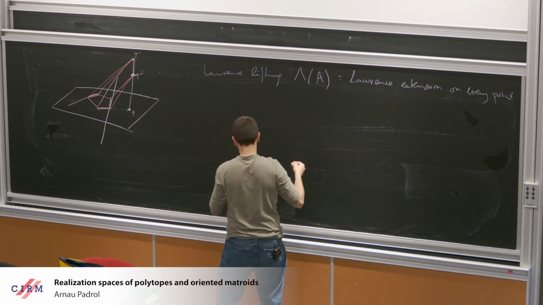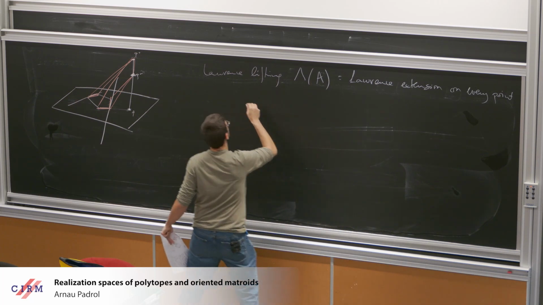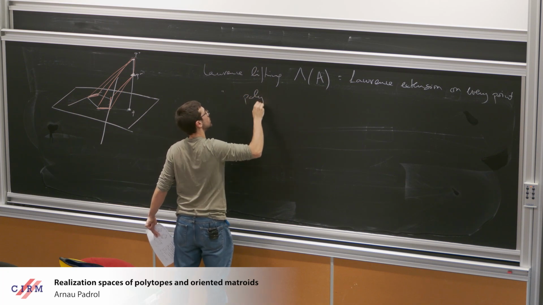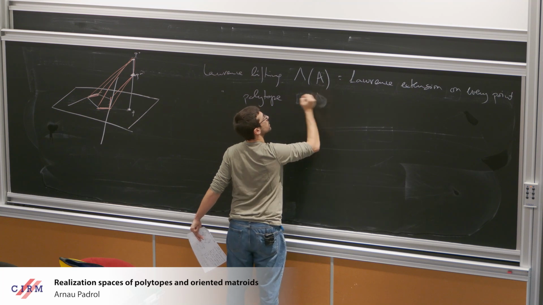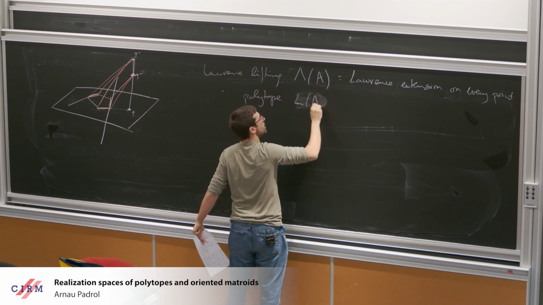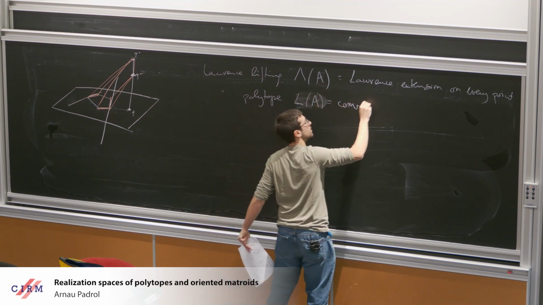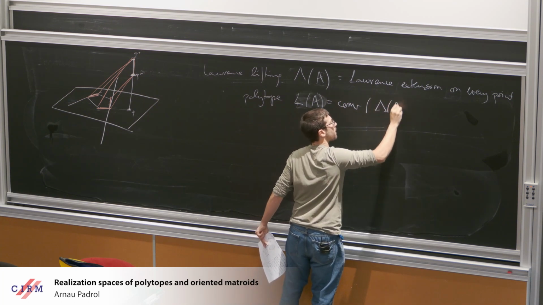And then I take the convex hull and I get the Lorentz polytope. The Lorentz polytope, we'll call it LA, is the convex hull of this lifting.